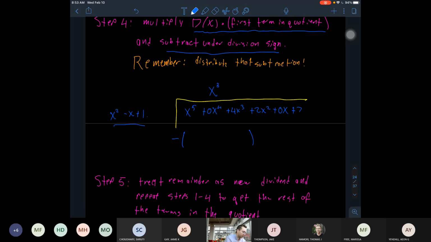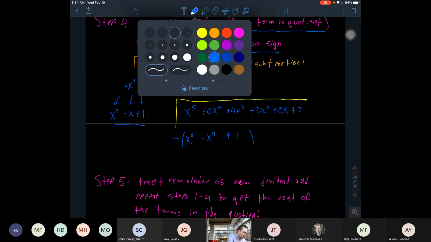I'm going to take every term of this divisor and multiply it by x cubed. And when I multiply x squared times x cubed, I get x to the power 5. When I multiply negative x times x cubed, I get minus x to the power 4. When I multiply 1 times x cubed, I just get plus 1.